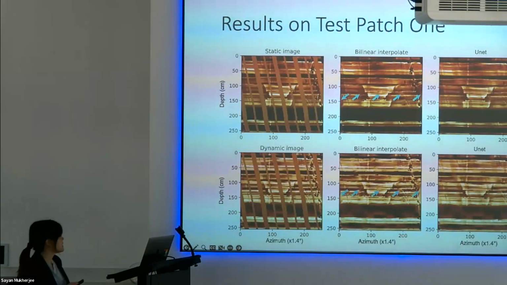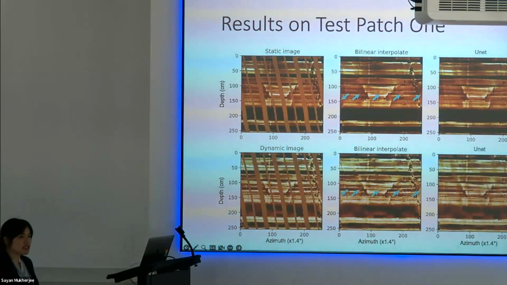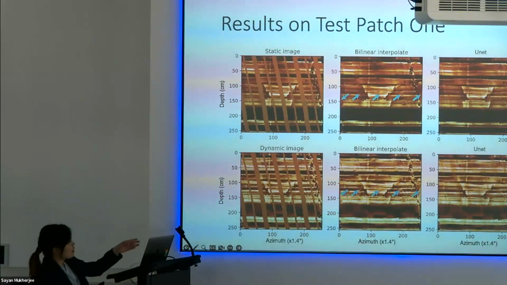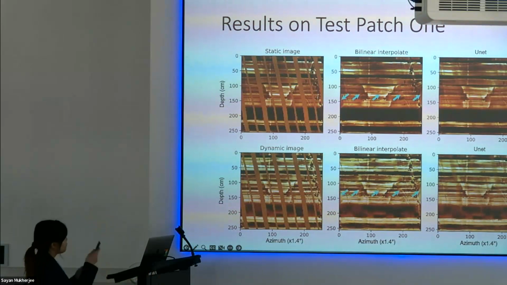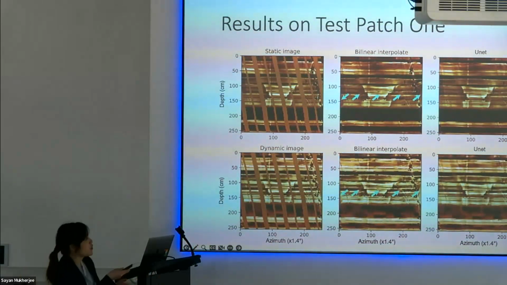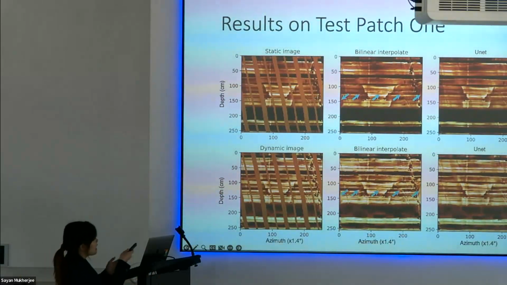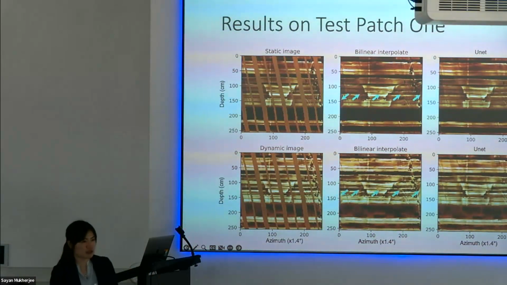And let's further examine the inpainting performance of different methods for a patch from the test set. So the upper and the bottom rows are the static images and the dynamic images. And from left to right in each row are the raw images, bilinear interpolation results, U-Net predictions, and our model predictions.